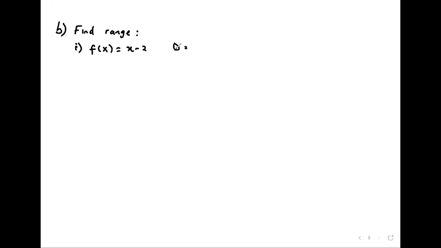The domain given is x, such that negative 2 is less or equal to x, less or equal to 4.